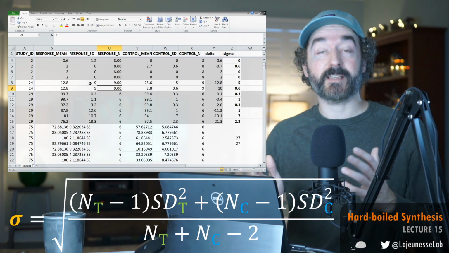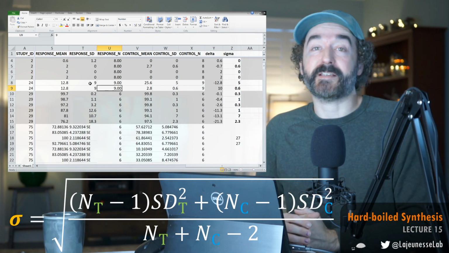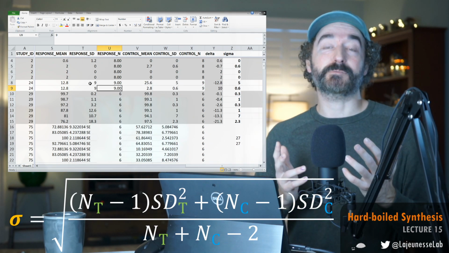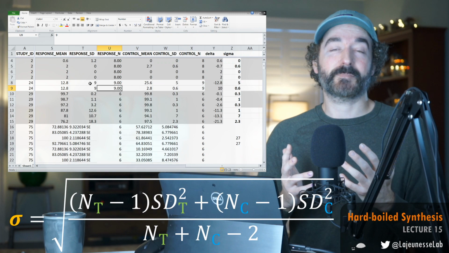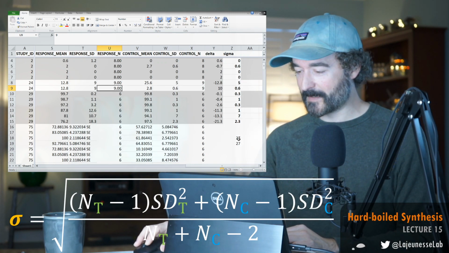Again, I'm baking in this challenge that I have in the effect by assuming that there's more variability. Of the two to pick from, I'm picking the one that introduces the most variability.